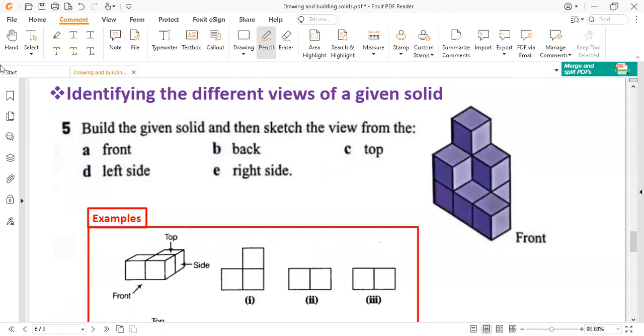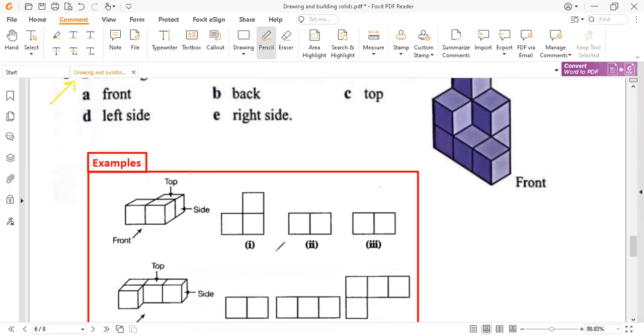How about identifying the different views of a given solid? What do we mean by identifying the different views? I have one example, and you can imitate the same thing at home for exercise 5. For example, we have this simple solid, and we have a top, a side, and a front. From the front view, I can see this shape.